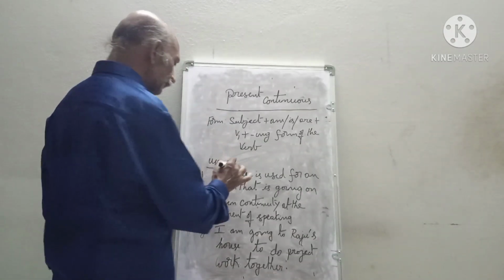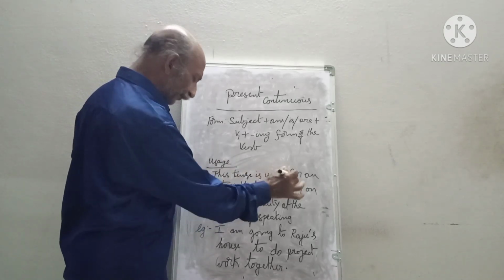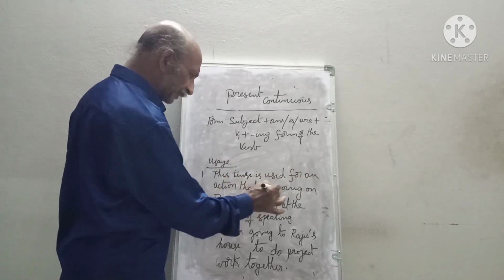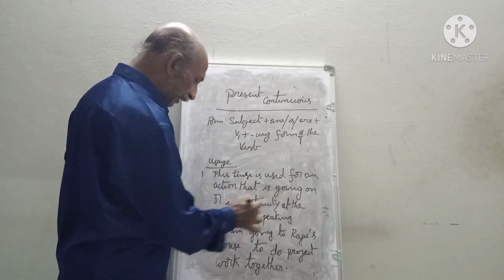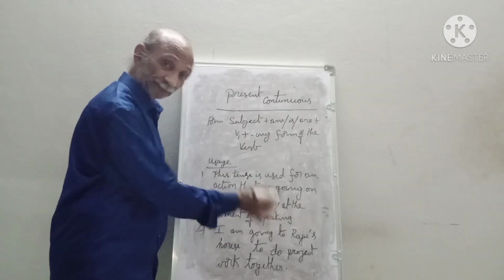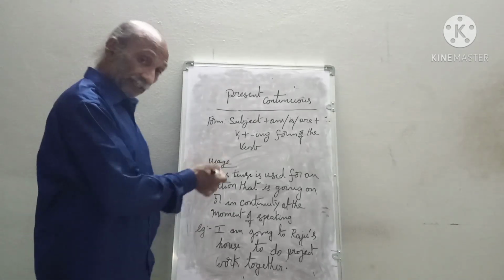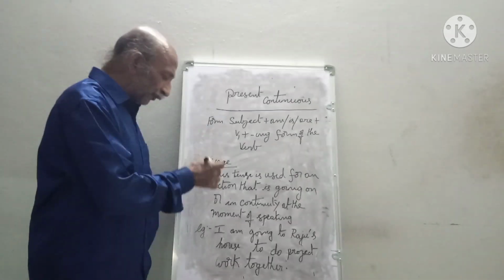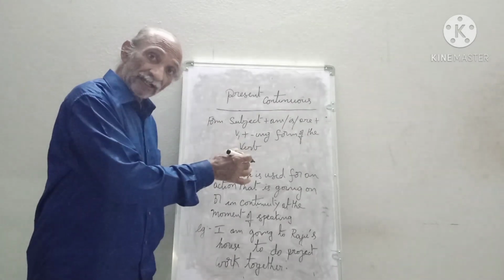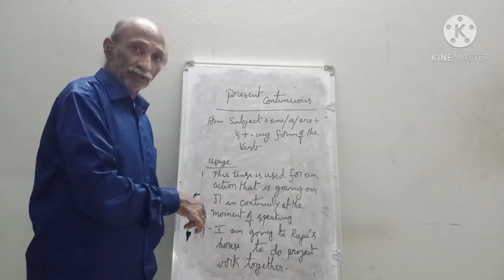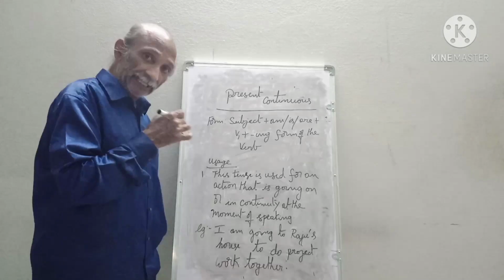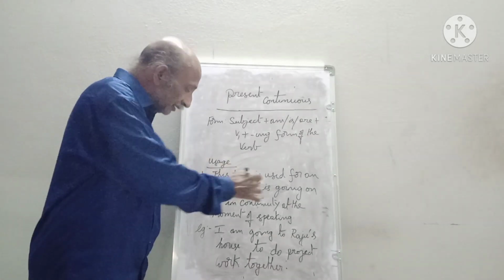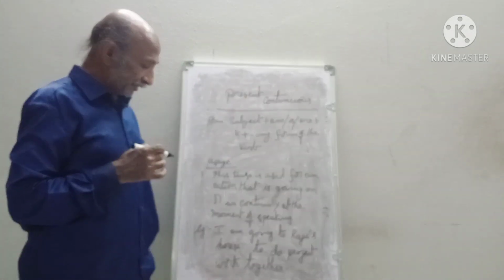Number one, this tense is used for an action that is going on or in continuity at the moment of speaking. So what does it mean? It is used for an ongoing action at the moment of speaking. That means when the speaker is speaking of it, we use present continuous tense.